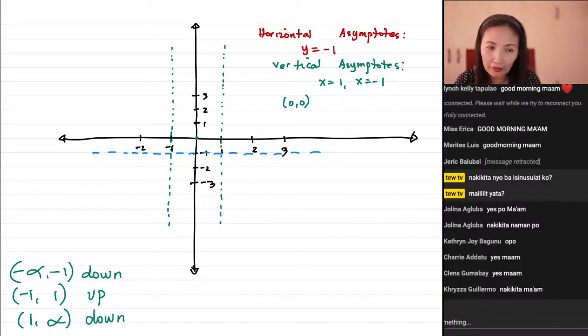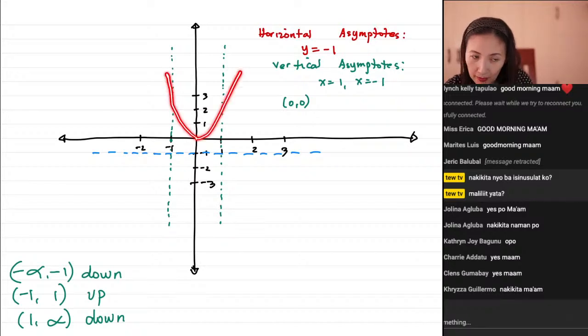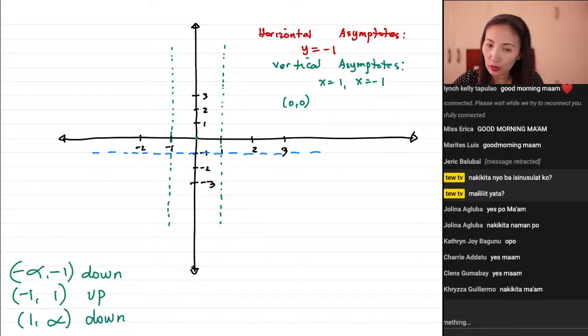So, how would the graph look like? Now, we can begin from here. From negative 1 to 1, take note that the graph will never cross this line. It will never cross this line because these are the asymptotes. It will only get closer and closer to these lines, but it will never touch this line.